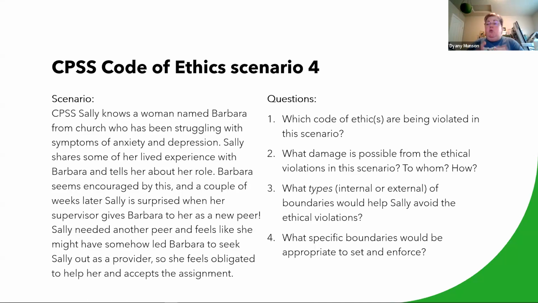Did she say that? We're going to assume that she didn't, because it wasn't in the scenario. So she's taking responsibility and making assumptions as to why she was given this person as a peer. And then she's taking responsibility: oh, I need to take it because it's my fault. And that is not respecting the rights or dignity of Barbara, because it's making assumptions and it's taking away her power.